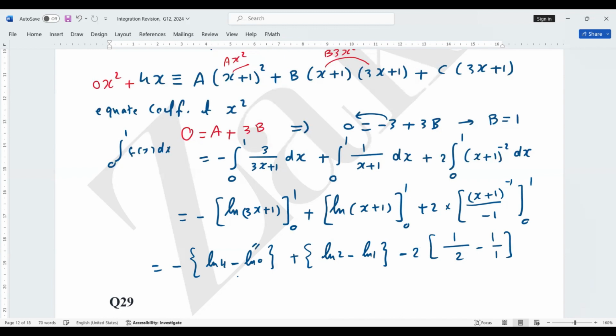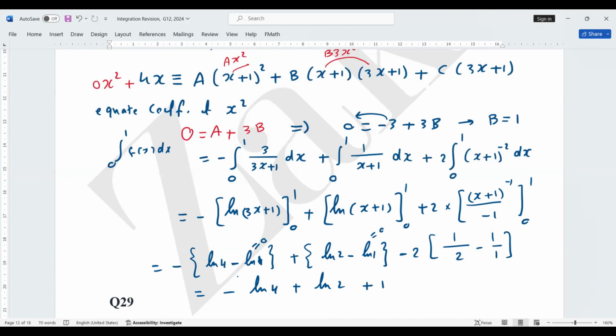Simplify. Ln 1, this is ln 1, not ln 0. Ln 1 is 0. So it's negative ln 4 plus ln 2. Half minus 1, it's minus half. Minus half times the negative 2, it's positive 1.